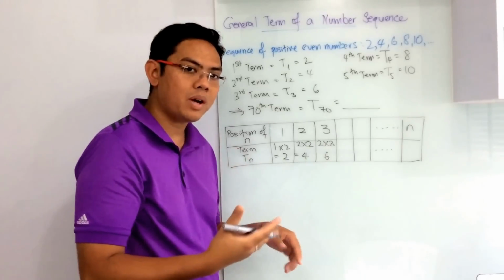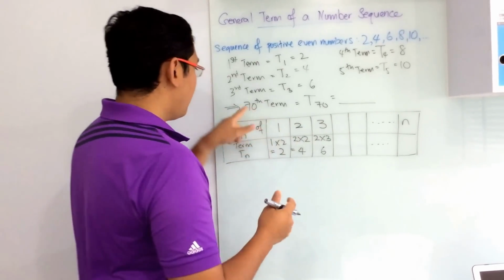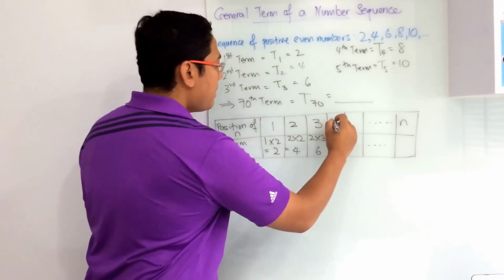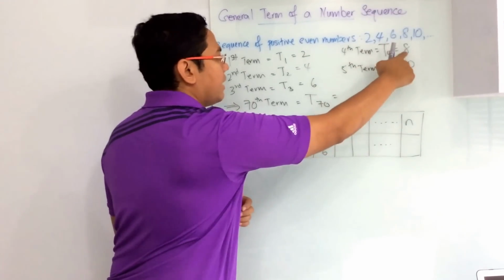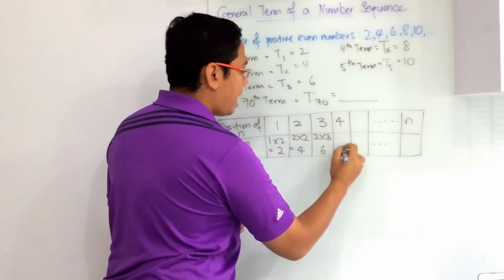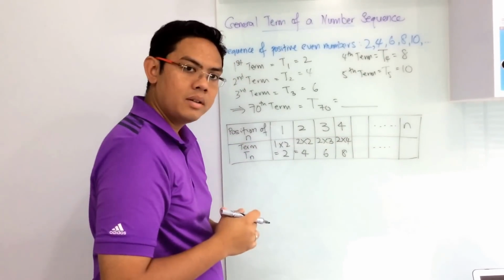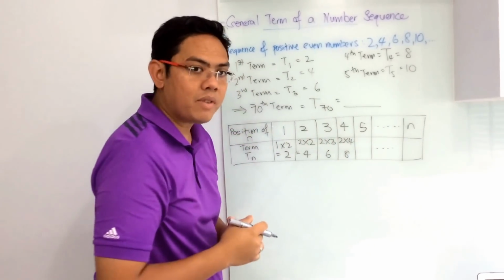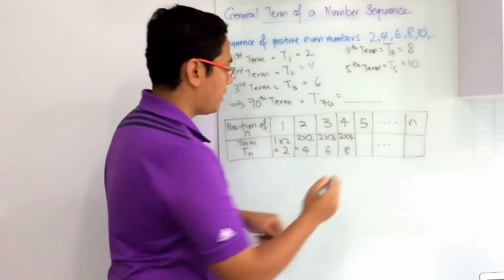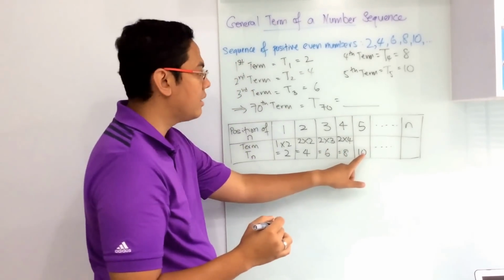I think some of you have already seen the pattern here. So let's do the next two. The fourth term, meaning n equals 4, is 8. How do you get 8? You take 2, multiply by 4. And last but not least, the position of 5, the fifth term, is 10. How do you get 10?